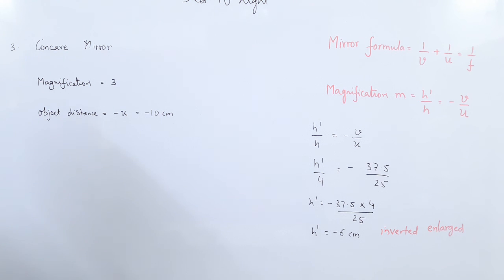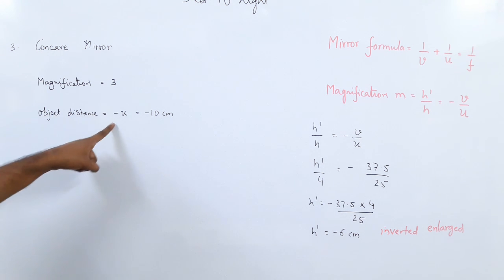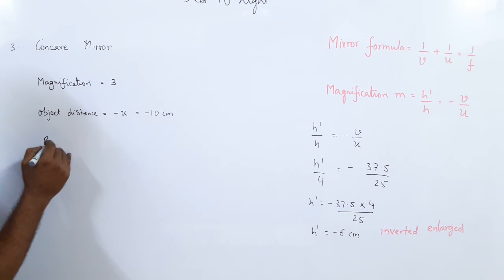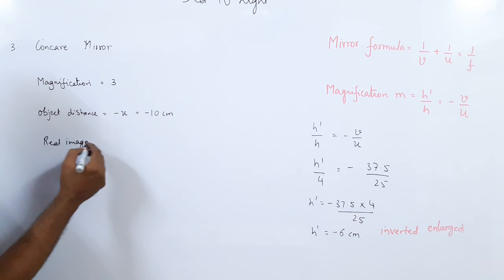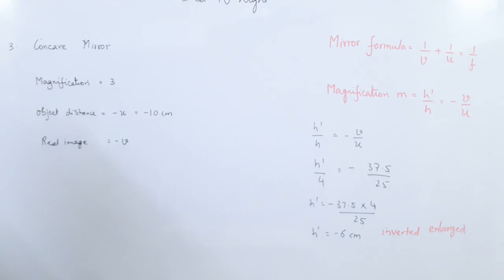You have to find the image distance. Now here nothing else is given. It says 10 centimeter in front of the mirror, so I have taken u equal to minus 10 centimeter. But it is also given it is a real image. So real image means the image is inverted, and on the right side, so we will have a minus v. So we have to find the v.